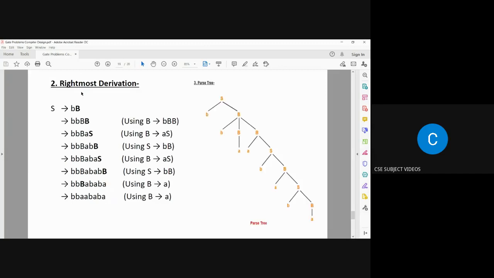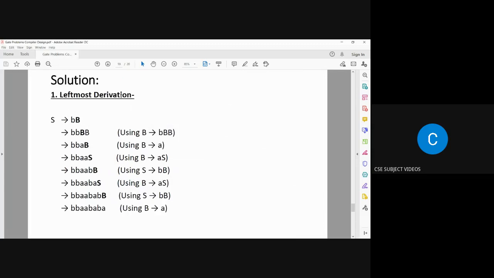Okay. Come to our next derivation: rightmost derivation. This was leftmost derivation. Leftmost derivation means from left side to right side. The leftmost non-terminal will be replaced by terminal, then the next leftmost non-terminal will be replaced by terminal.